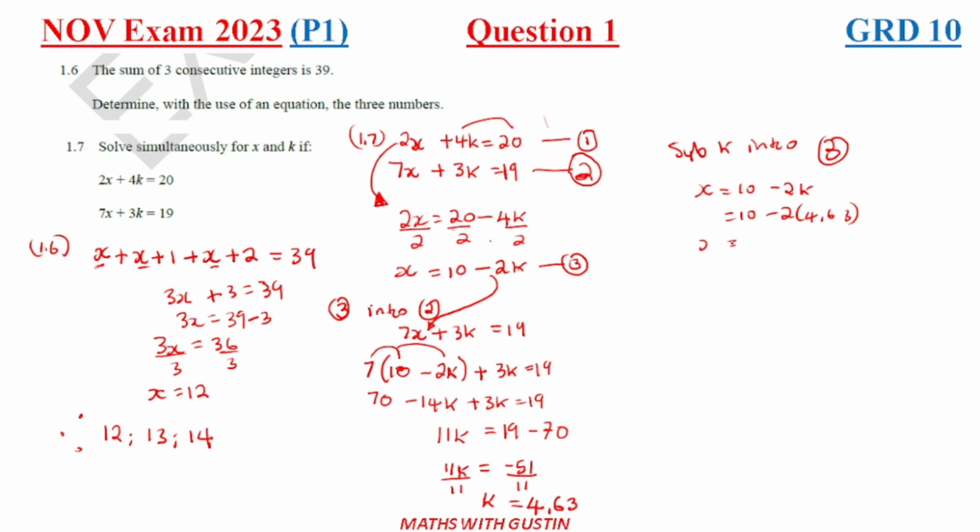Therefore our x value in this case is going to be equal to 0.73.